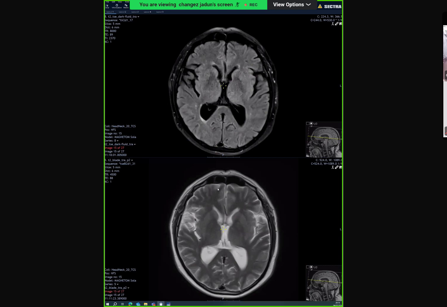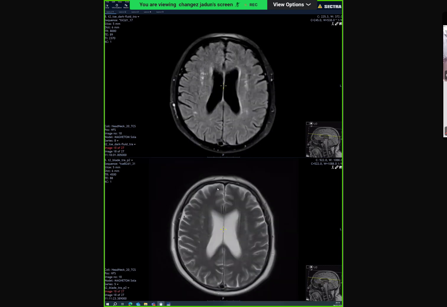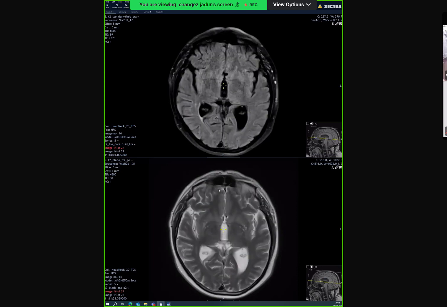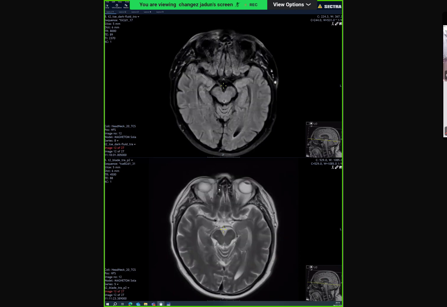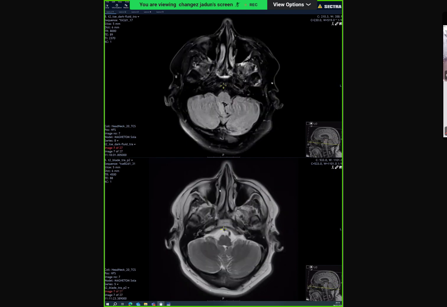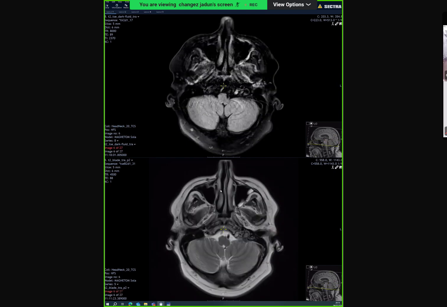And in a stroke type situation, she thinks all the vessels are unremarkable. Am I correct? Have I summed you up appropriately? Yes. So then what are you interested in now? DWI.